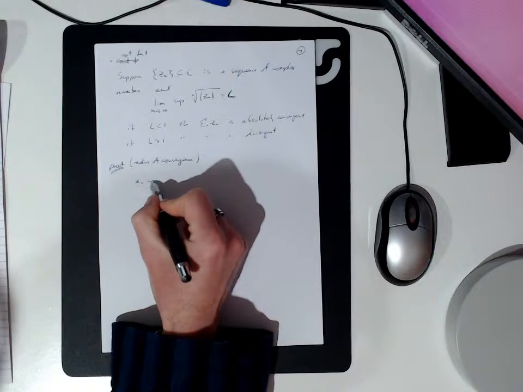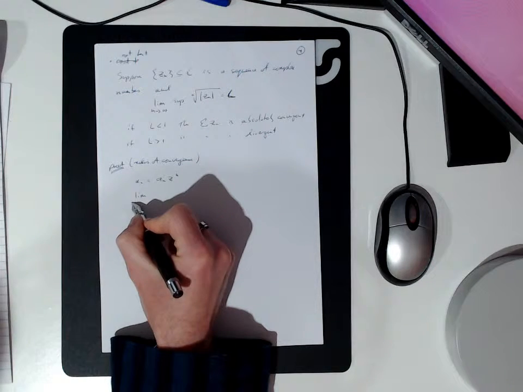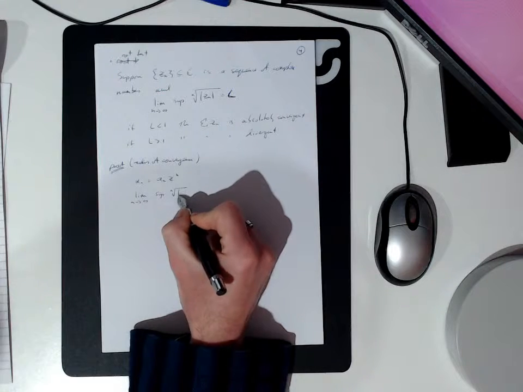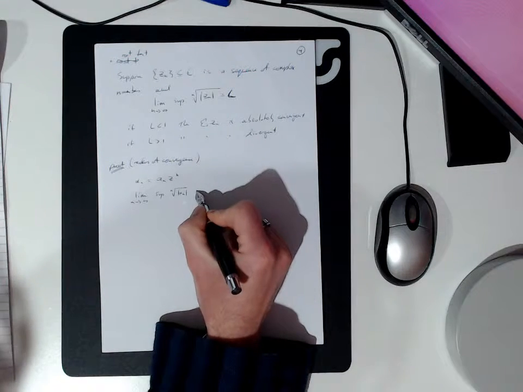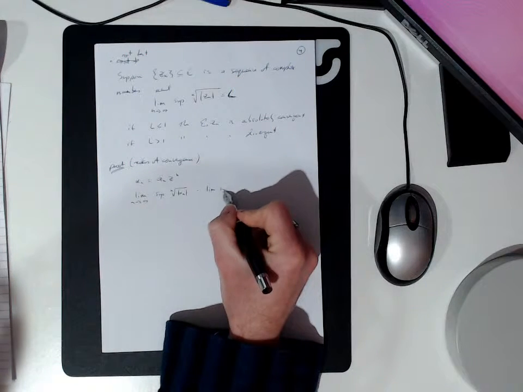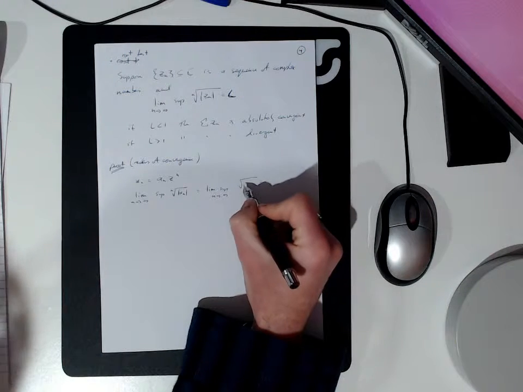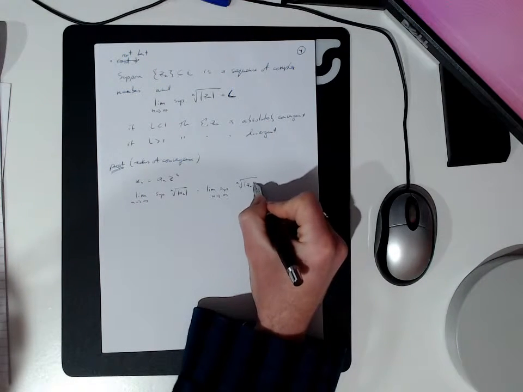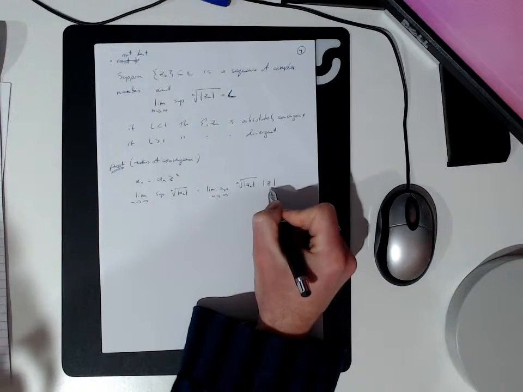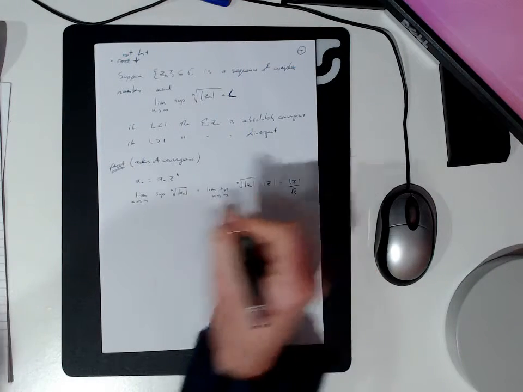We're going to let alpha_n equal a_n z^n, and we take the lim sup as n goes to infinity of the absolute value of the alpha_n's, which is equal to the lim sup as n goes to infinity of the absolute values of the a_n's times the modulus of z, and that's going to be equal to the modulus of z over r.